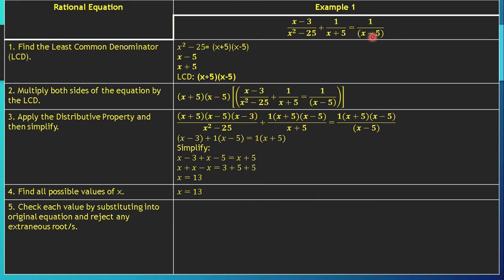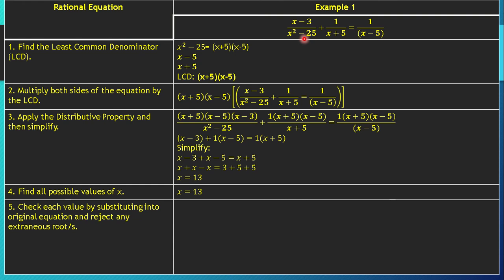So kung mapapansin nyo, meron tayong dalawang fractions na nandito sa left side of the equation. Merong isang fraction na nasa right side of the equation. So let's proceed with the steps. Step number 1, of course, is to find the least common denominator. So paano tayo kumuha ng least common denominator? Kunin muna natin yung mga denominator ng bawat fraction na nasa equation.